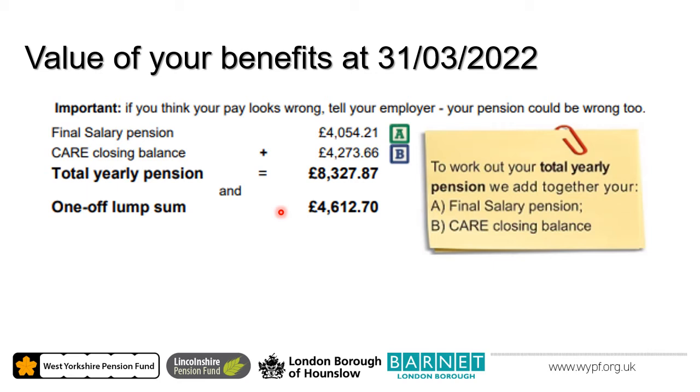However, the pension you have built up to date is what you would get if you had finished work on the 31st of the 3rd 2022 and not claimed it until your normal pension age. It's not what you would get if you finished work today, because if you finish work today and you're before your normal pension age, your pension will be reduced for early payment, which can make a significant difference.